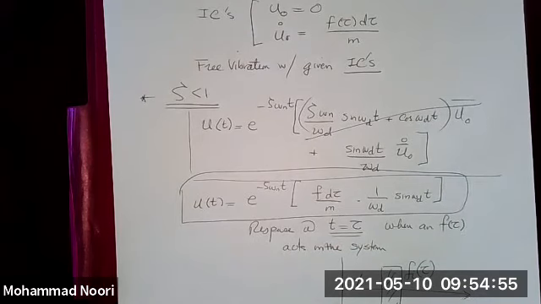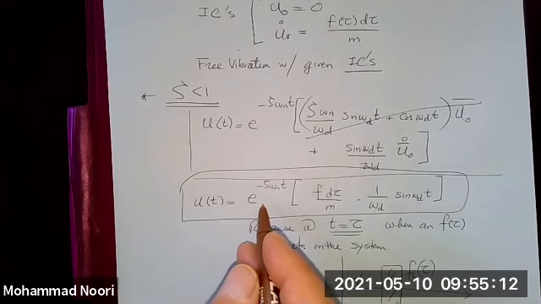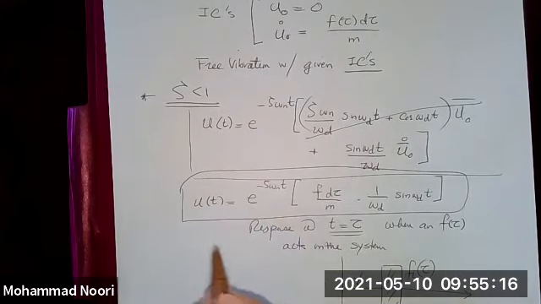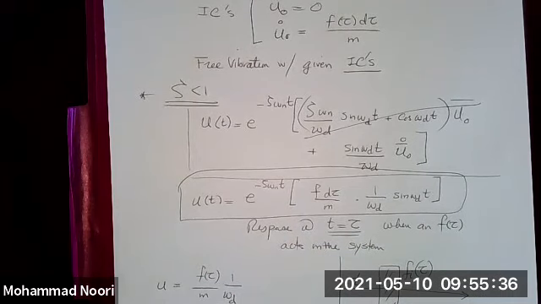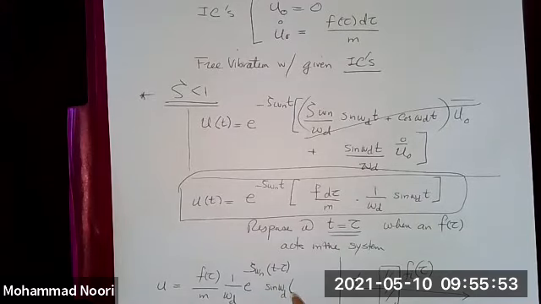Right after this, in other words, at the time t minus tau after this forcing function or impulse happened to the system, you can easily find it from here. u of t would be f of tau over m, just rearranging this, times 1 over omega d, times e to the minus zeta omega n (t minus tau), sine of omega d (t minus tau).